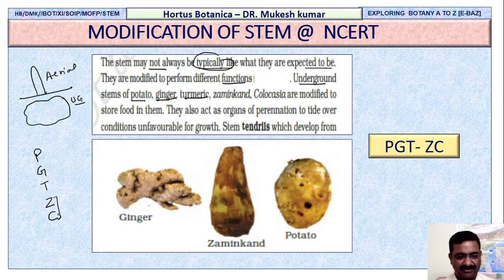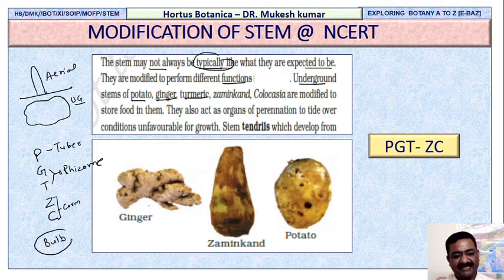See, both of these are examples of corm, as you all know. Potato is the tuber, and ginger and turmeric are what? These are rhizomes. So in our NCERT, which one is missing? Yes, bulb is missing.